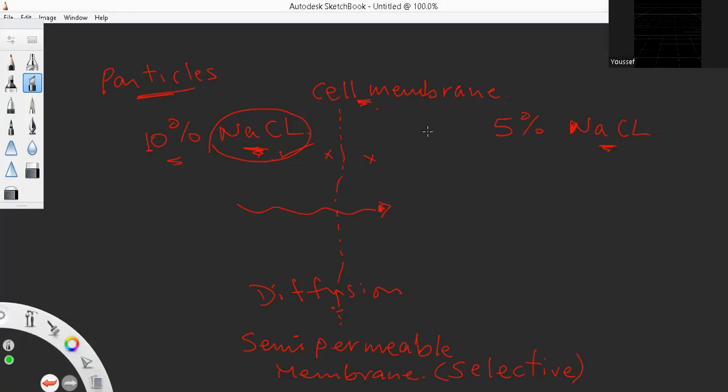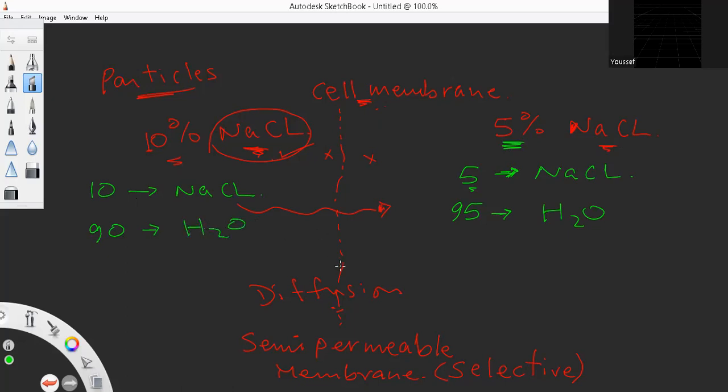Here the 5 is for sodium chloride, and the rest, 95, is for water. Here 10 is for sodium chloride molecules and the rest, 90, is for water.